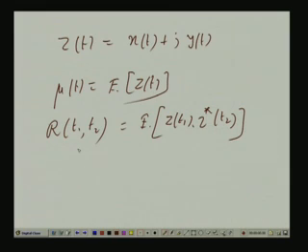Suppose t1 equal to t2 equal to t. So, we have got R t comma t. That should give rise to the expected power at a point t. The power is real. If I do not put the conjugate here, I simply get Zt whole squared, which is again a complex number. The expected value of that also is a complex number. But if I put the star here, then at t we have got just the expected value of mod Zt squared, which is real. Okay.